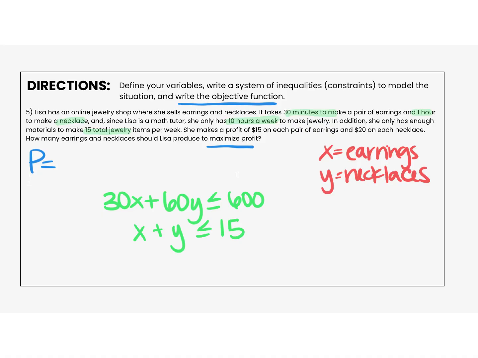My objective function: I make a profit of $15 on each pair of earrings and $20 on each necklace. So $15 per earrings and $20 per necklace. Again, here's my constraints, and then P is my profit. That's my objective function, 15x plus 20y.